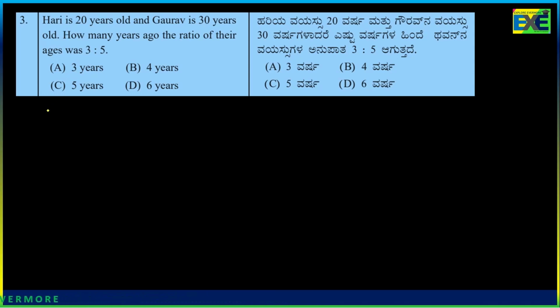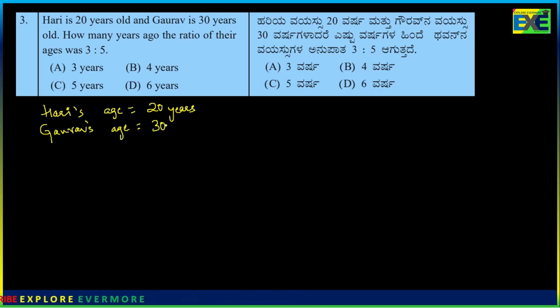Okay. So now what they are saying, Hari's age and Gaurav's age is given. So let's write it down. Hari's age is equal to 20 years and Gaurav's age is 30 years. So we need to find how many years ago their ratio was 3:5.